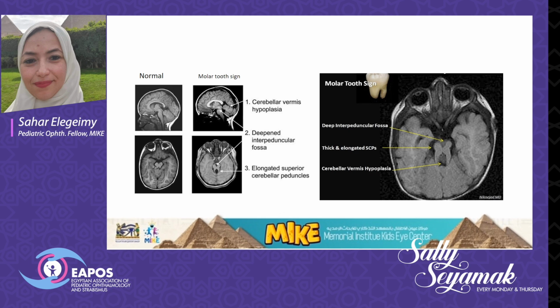To make it more clear, this is a picture of the MRI of a typical molar tooth sign with deep interpeduncular fossa, thick and elongated superior cerebellar peduncles, and cerebellar vermis hypoplasia, with a comparison between the MRI of a normal person and a person with molar tooth sign.